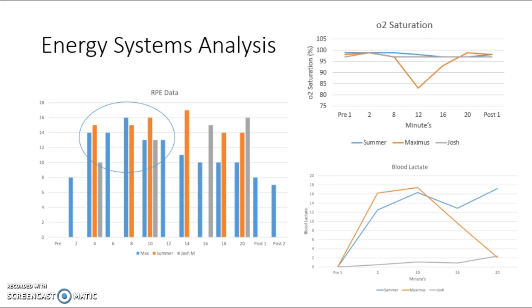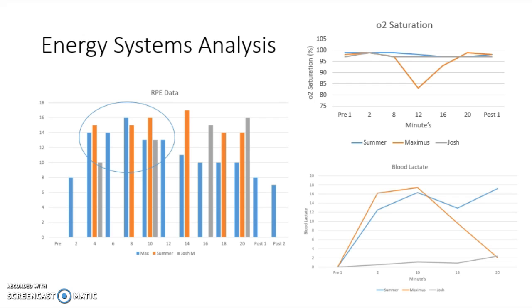Our method to score the energy systems was using the oximeter to measure the O2 saturation and using the lactate measurer to measure blood lactate. The normative data for the O2 saturation shows us that it stays between 95 to 99% throughout the entire exercise, so it plateaus throughout.